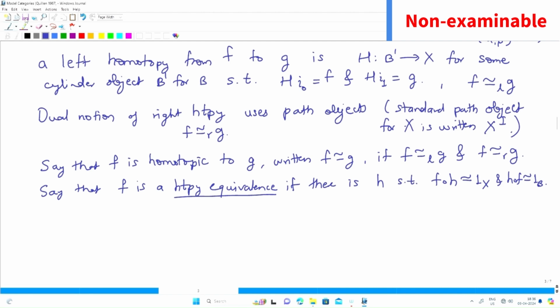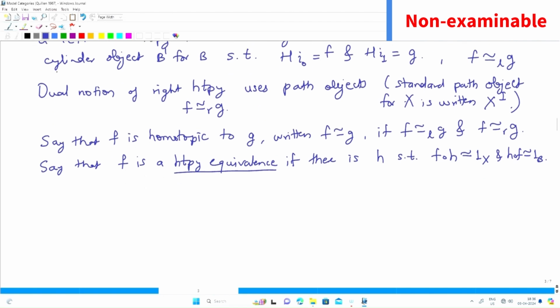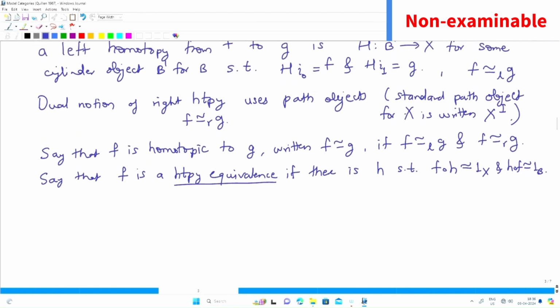Okay, so when do we use left homotopy and right homotopy? These are not equivalence relations on their own. Left and right homotopy are not equivalence relations in general.